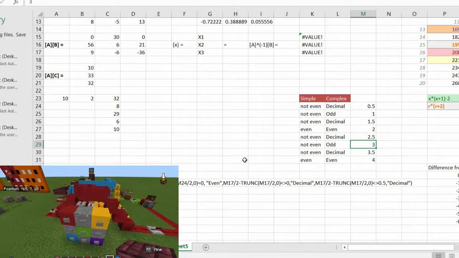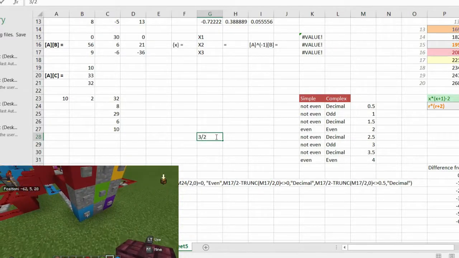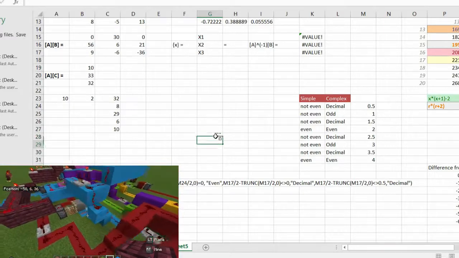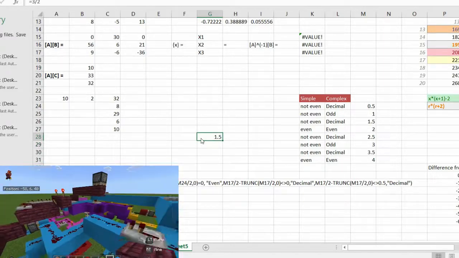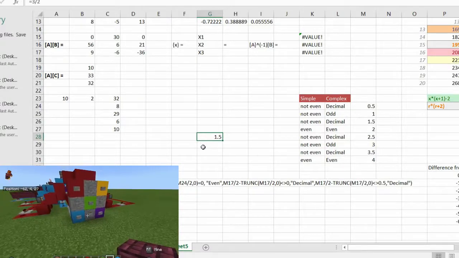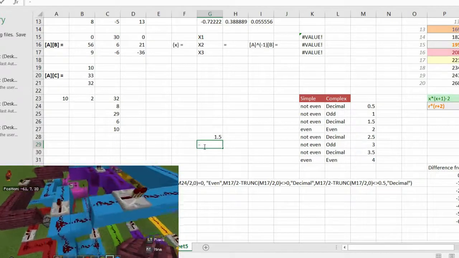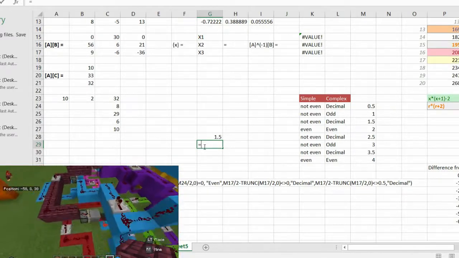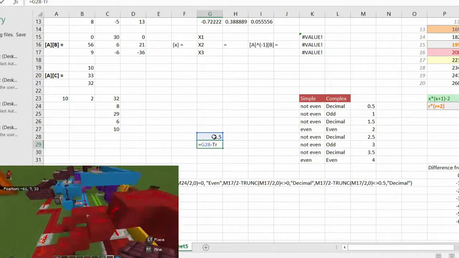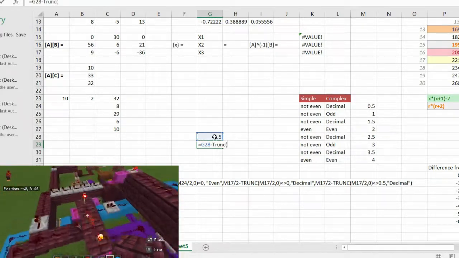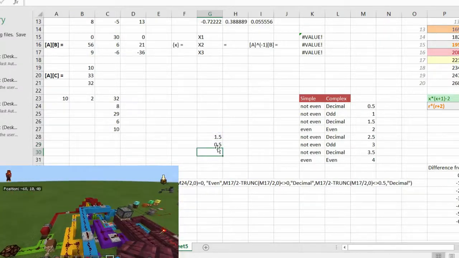Okay, cool. So let's just do an example real quick. We have equals 3 over 2, 1.5, right? Now, say we wanted to subtract that by this minus the truncated version of this to 0 decimal places. 0.5. You know why?